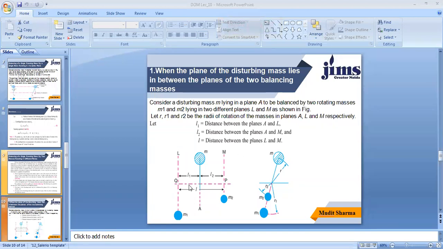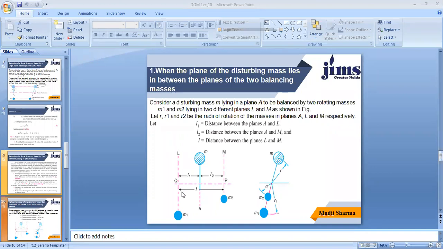This is the distance L1, the distance between plane A and L. Same, L2 is the distance between plane A and P. This is the bearing point, and this is the plane A and M.